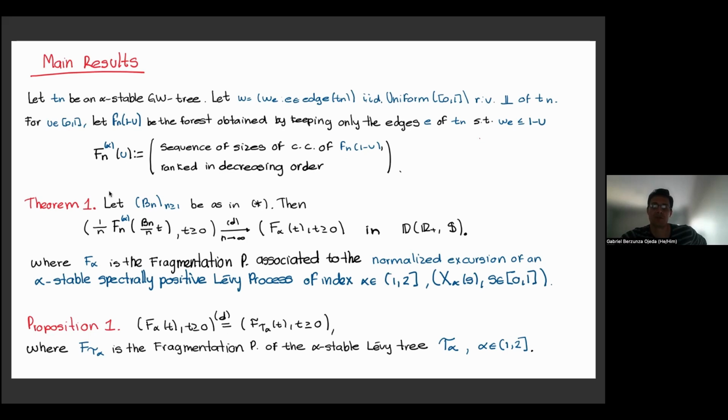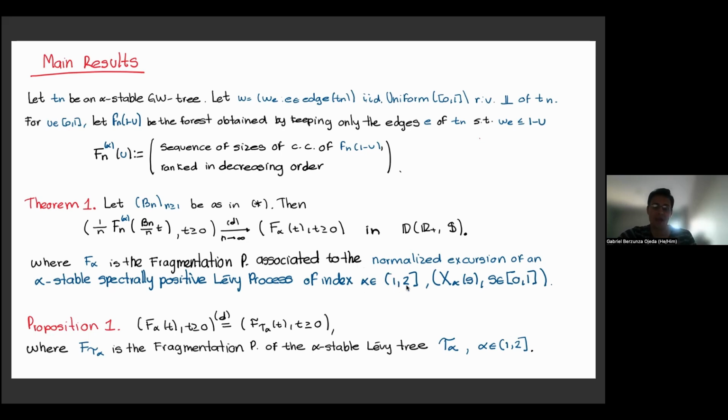So what we show first is that if we consider the sequence Bn that appears in the scaling limit result, and we properly rescale in space and time the discrete fragmentation process associated to the alpha-stable Galton-Watson tree, then we converge to another fragmentation process, which is the fragmentation process associated now to the normalized excursion of a stable spectrally positive Lévy process of index alpha between 1 and 2.